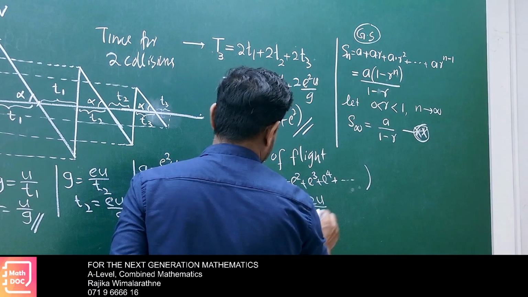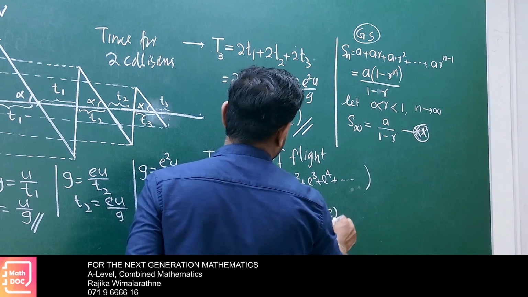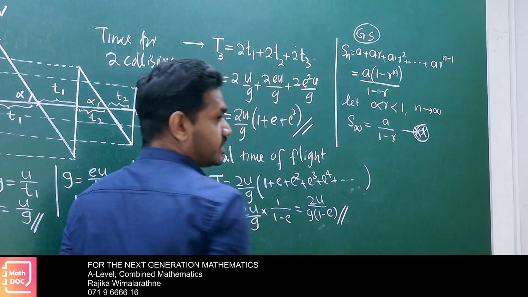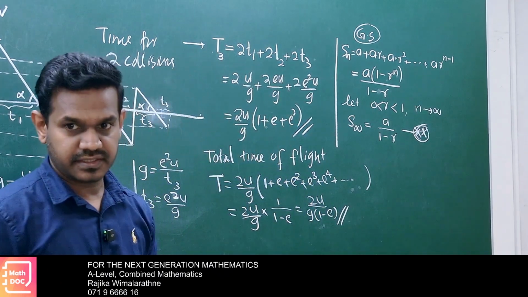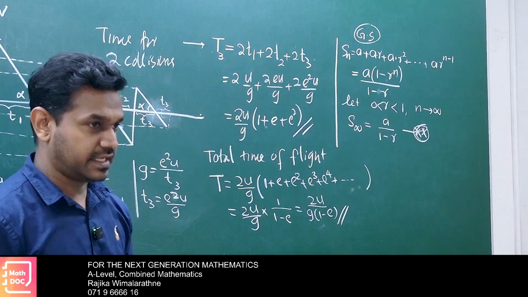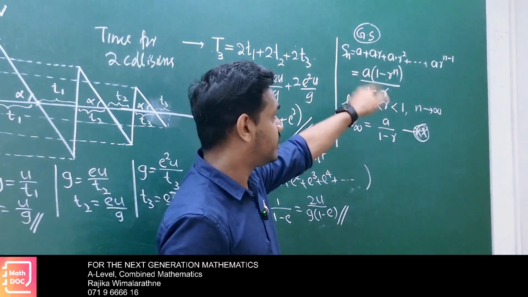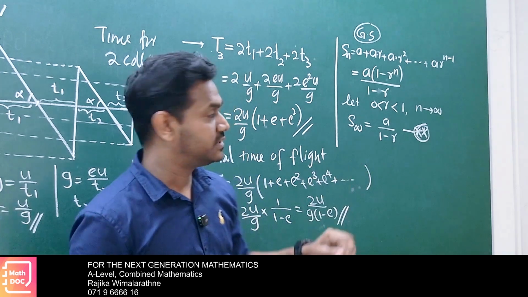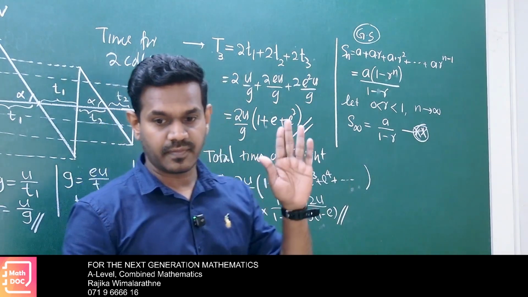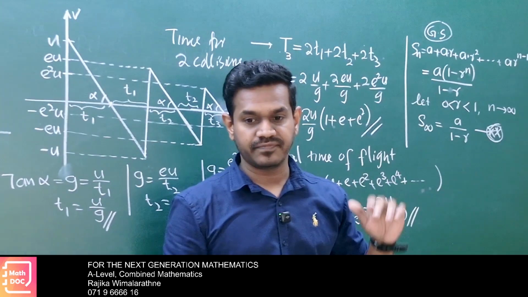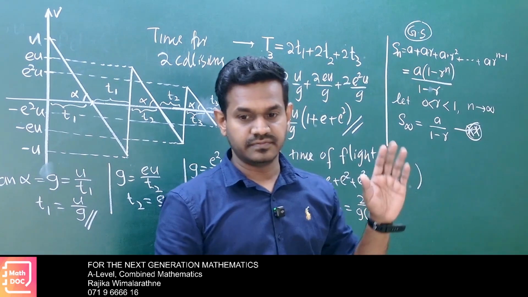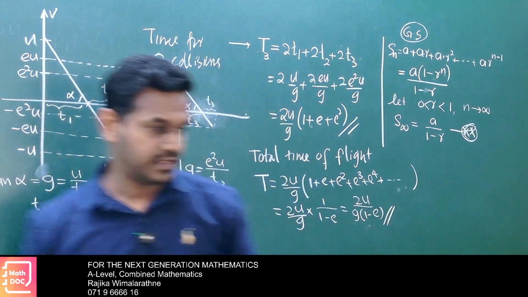Then 2u over g times 1 minus e. Then here the total time taken until it comes to rest. Okay, total time taken. So this is an important result, better note that one. Okay, complete that question, complete that.